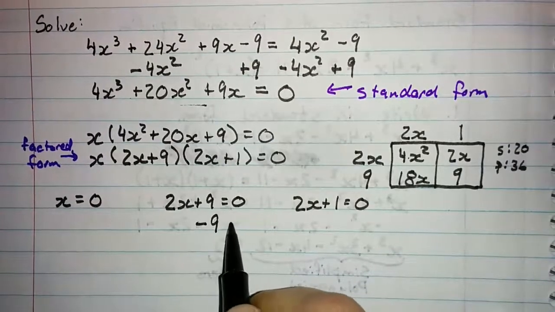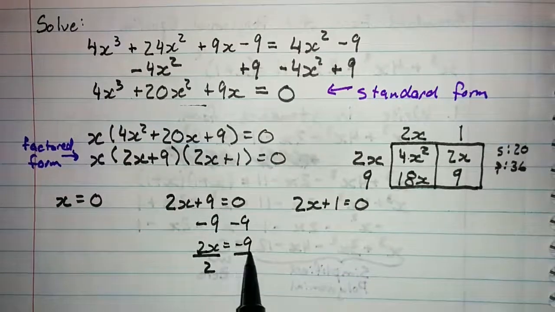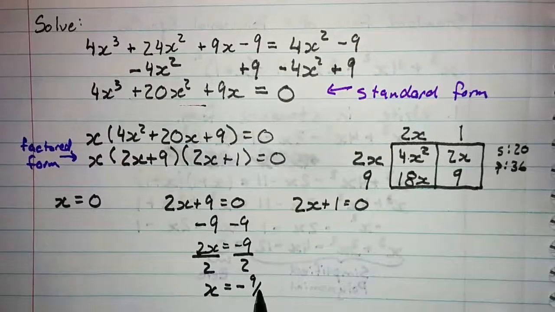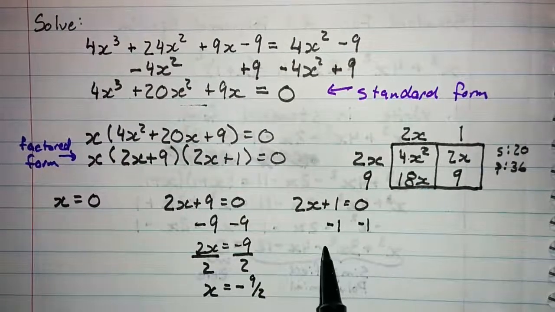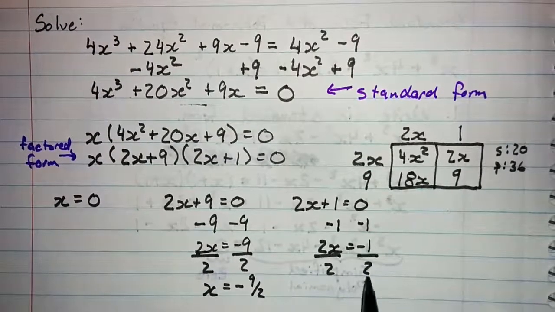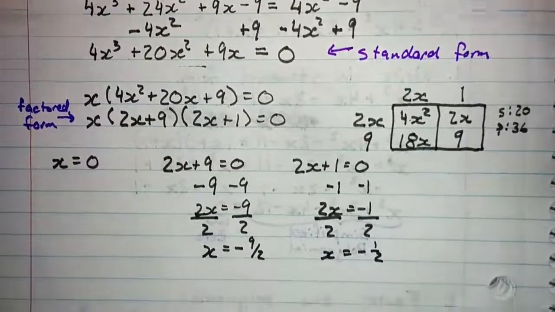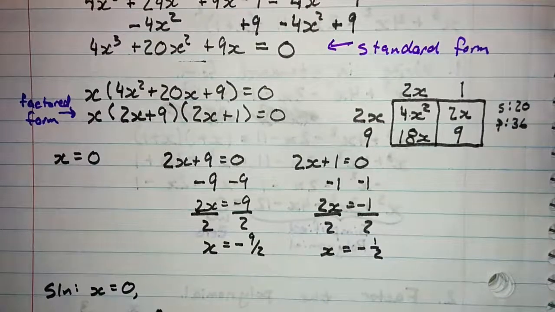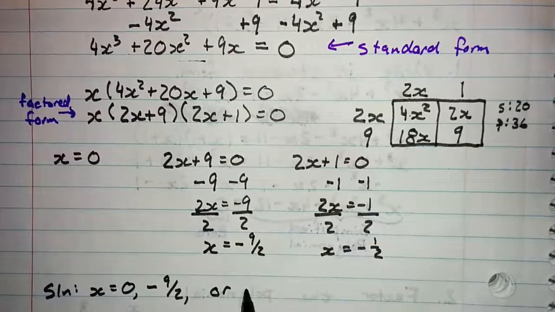This one, I'll subtract 9 on both sides, divide both sides by 2, and I'll get x is negative 9 halves. Here I'll subtract 1 on both sides, divide both sides by 2, and I'll get x is negative 1 half. What are my solutions? X equals 0, negative 9 halves, or negative 1 half.